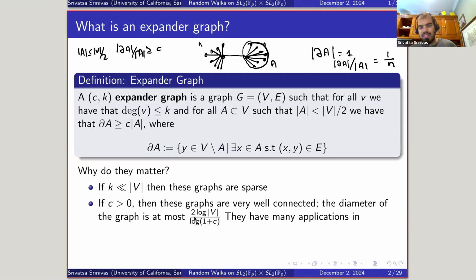The diameter of the graph is at most 2 times log of the number of vertices divided by log of 1 plus c. And so if you have graphs that are sparse and very well connected, then this is very good for computer science. Also, I forgot to mention there's a lot of applications towards number theory, and I'll mention them in the citations over here.